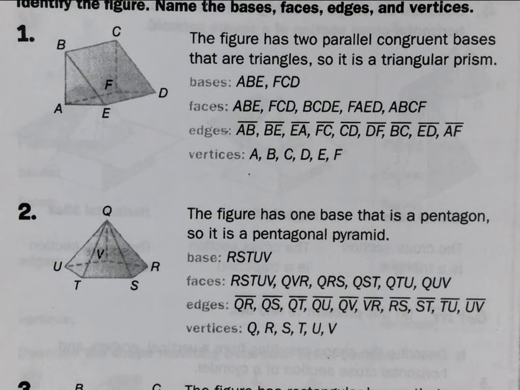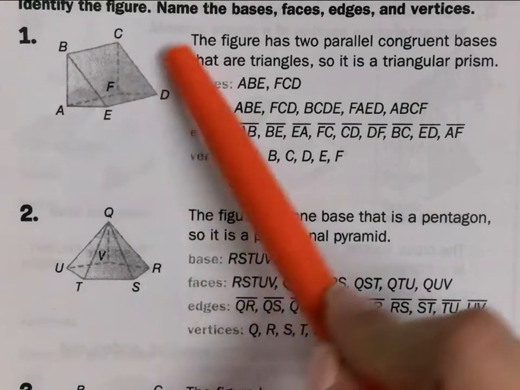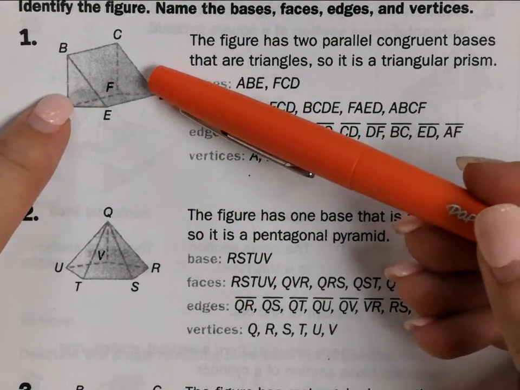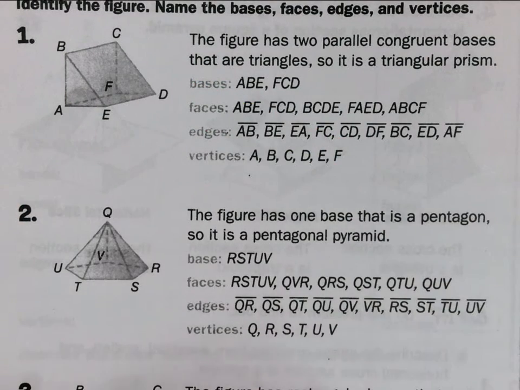I don't want to just say it's a prism. I want to look and see what those bases are, and whatever shape that base is, that's what type of prism it is. So where are my bases here? The 2 triangles on the side. The 2 triangles on the side, okay? So if they are triangles, then that means this is a triangular prism, okay?